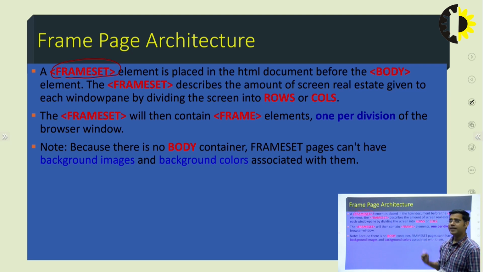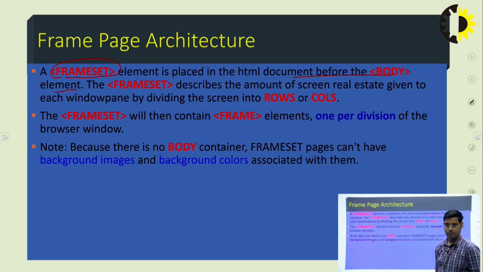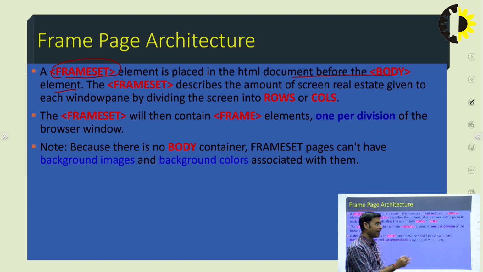This element is placed in the HTML document before the body element. Important point: whenever you develop frames in your browser screen, inside the HTML code we have to mention the frameset element before the body section.